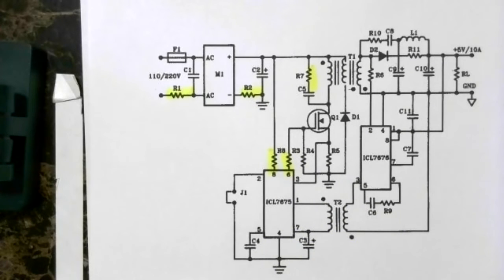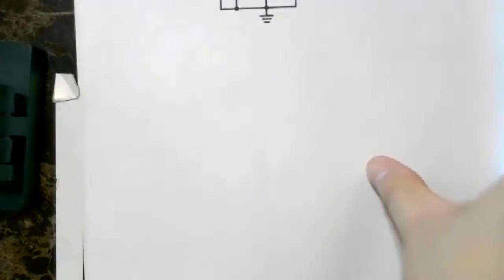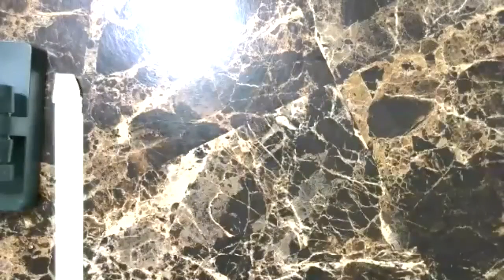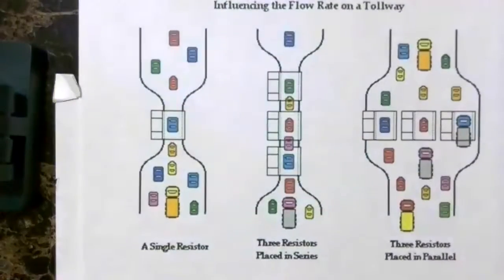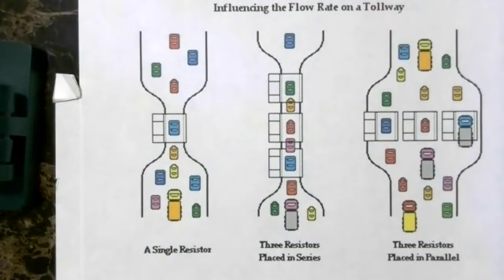To get into that, I want us to think of an analogy first, because I think this analogy will help make sense of the circuit. Let's consider that our wire in our circuit is like a highway.